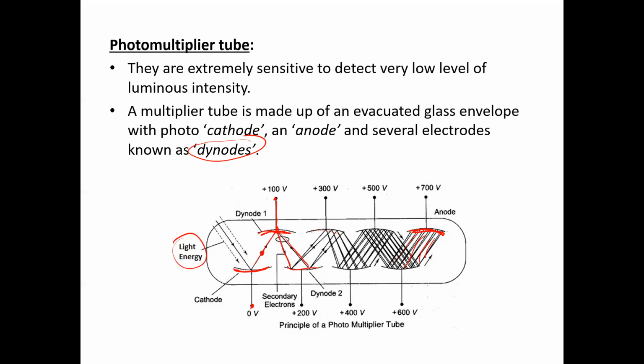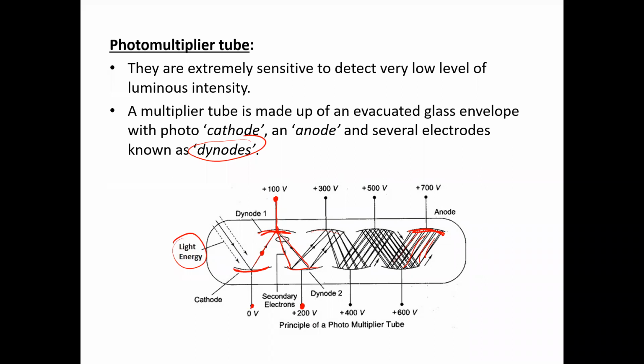After hitting dynode 1, due to the concave surface, the electron is deflected towards dynode 2, and at the same time it is releasing some extra electrons from this surface. There is further potential difference between dynode 1 and dynode 2, because again there is a potential difference of 100 volts here as well.